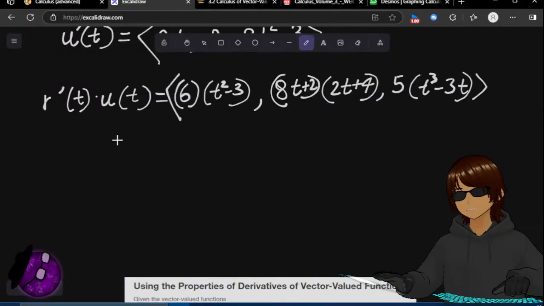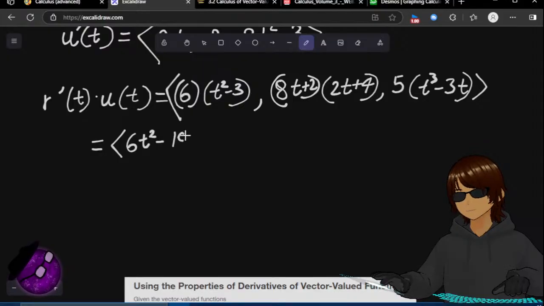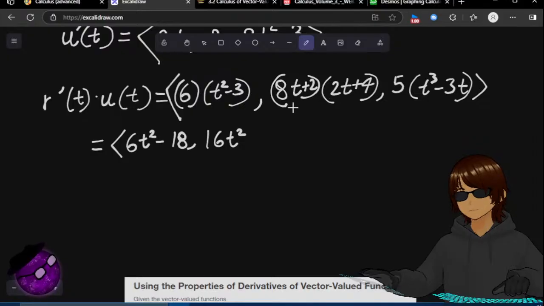And then this would be equal to 6t squared, 18. 8 times 2 is 16t squared.